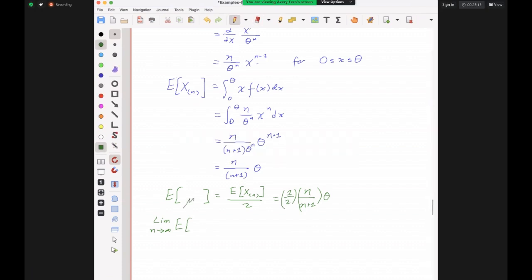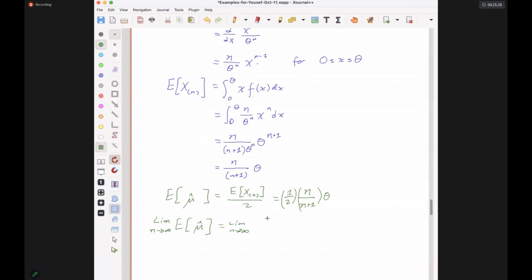The expectation of mu hat is equal to mu. That's what we want to know. And so that's the limit as n approaches infinity of this thing right here. And how do we evaluate that?